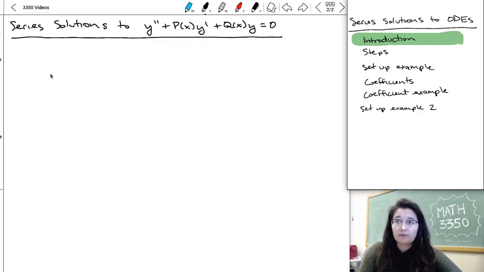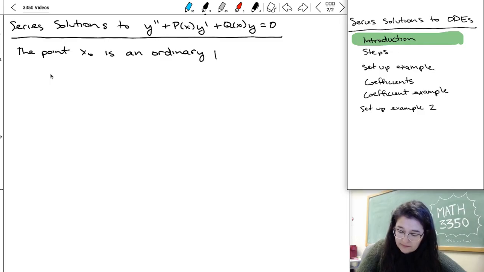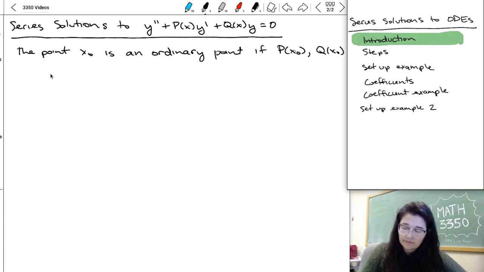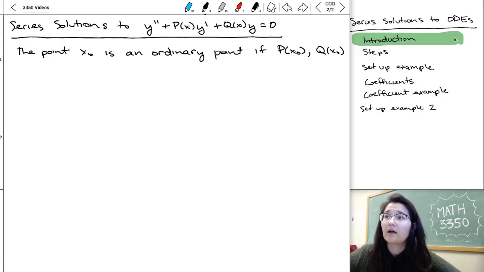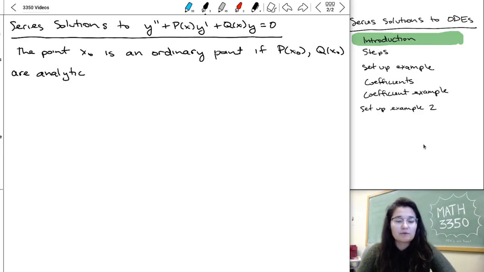And I'm just going to note that the point x0, for us, that's going to be 0 usually, is what's called an ordinary point, if p of x0, q of x0, those functions are analytic, so that means we can't divide by 0, have negative roots, etc.